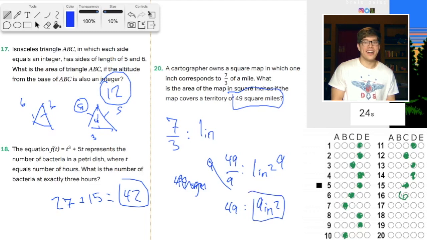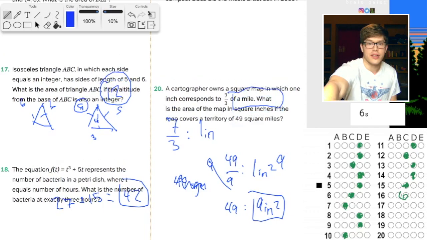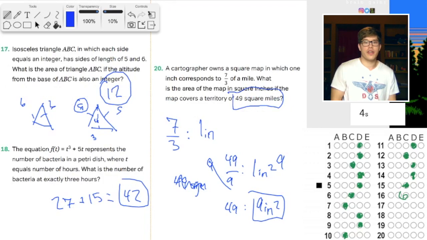All right. It looks like we made this in the nick of time. I think I'm going to go over and explain 18 and 17. 18 makes sense. We're just plugging in 3 for 18. Let's look at 17 a little bit longer. I went super fast on this.